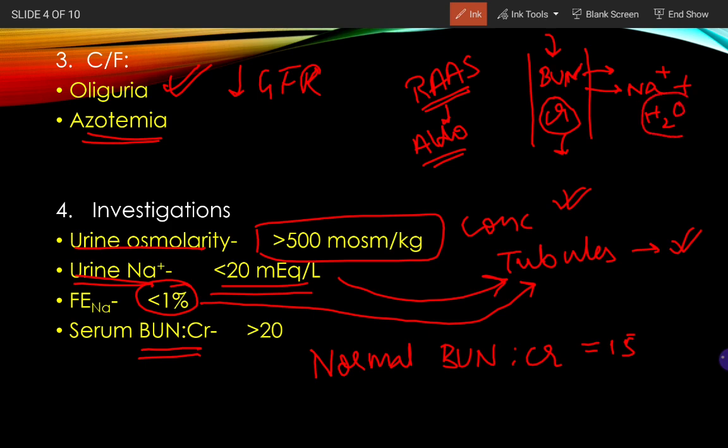Along with this water, excess BUN is also reabsorbed into your blood, so your serum BUN is increased when compared to normal. So in this case, the ratio becomes more than 20.